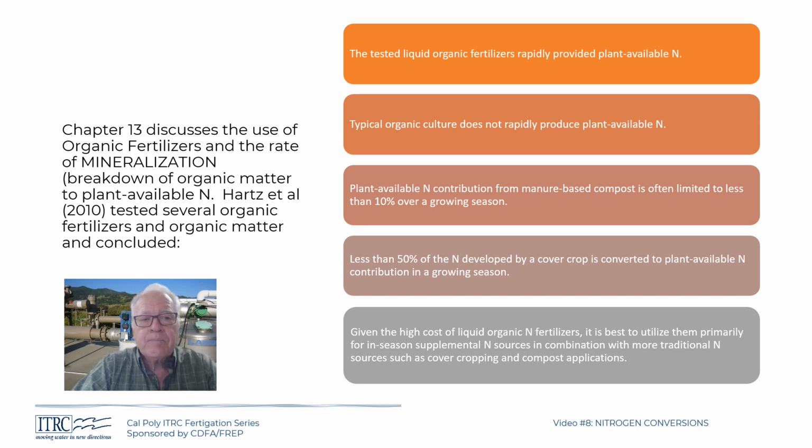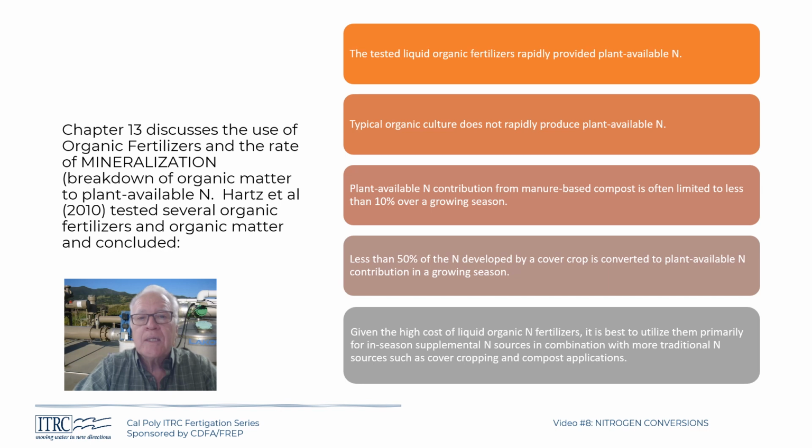And Hartz in 2010, a while back, did take a look at a variety of, let's call them organic possibilities. If I start on the top here, he tested liquid organic fertilizers. So these are ones that are sold as liquid organic fertilizers. And he found that they rapidly produce plant available nitrogen.